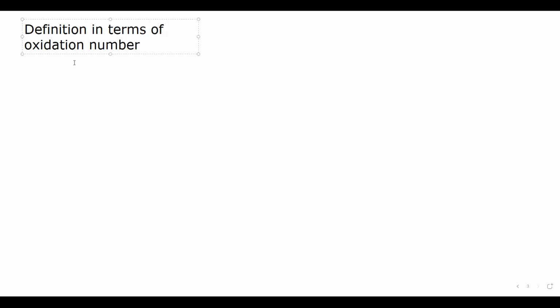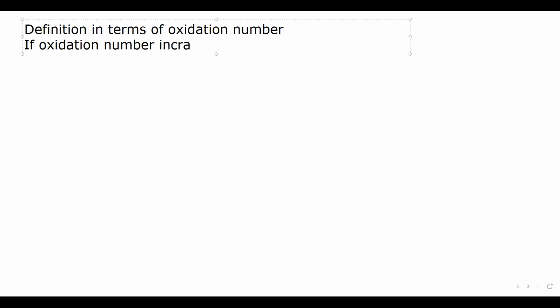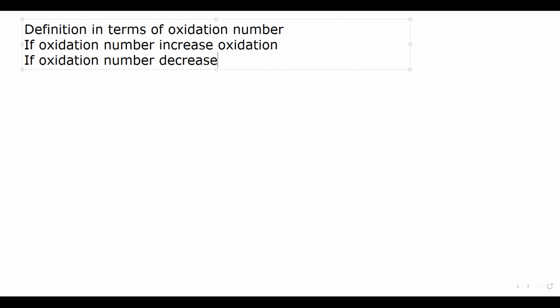What is the definition in terms of oxidation number? If the oxidation number increases, we call it oxidation. And if the oxidation number decreases, we call that reduction.